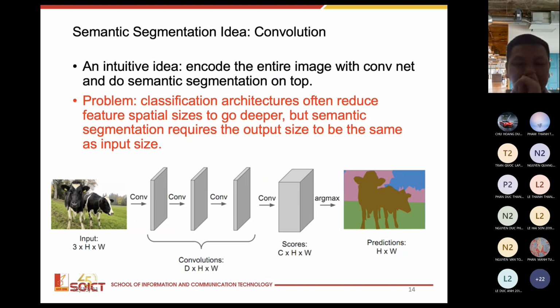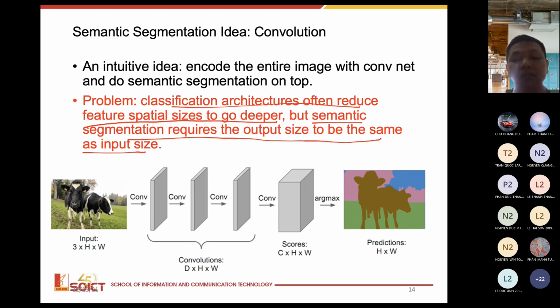If we use that approach, we have this problem. The classification architecture often reduces the feature spatial size as it goes deeper, but semantic segmentation requires the output size to be the same as the input size.